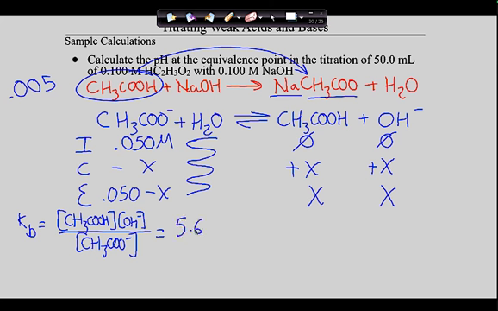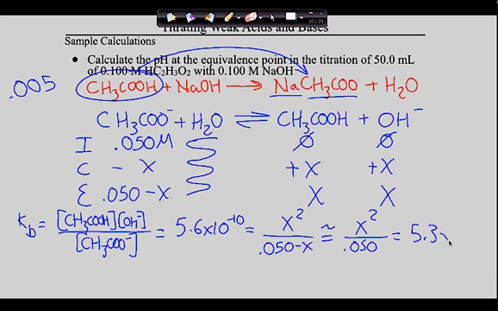So 5.6 times 10 to the negative 10th is equal to x squared all over 0.050 minus x, which is approximately equal to x squared divided by 0.050. And then our x, so 5.6 times 10 to the negative 10th times 0.05, and then take the square root of that, and I get 5.3 times 10 to the negative 1, 2, 3, 4, 5, 6.